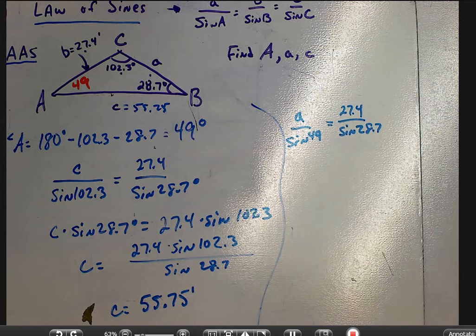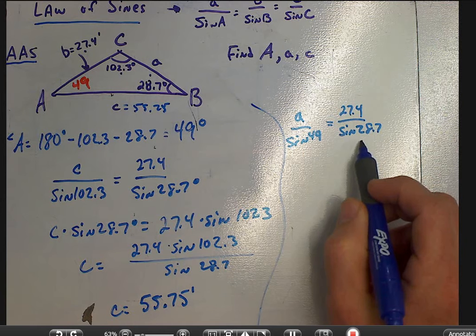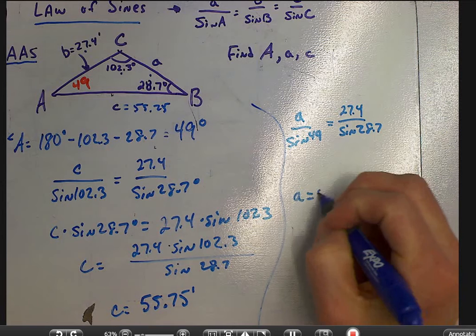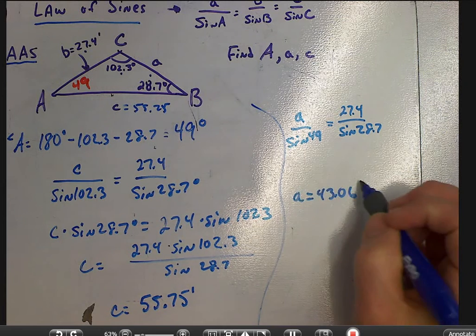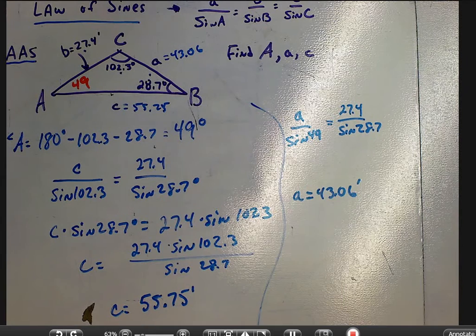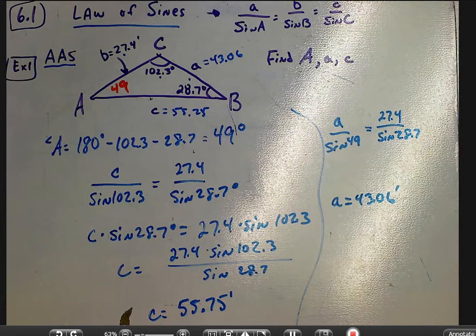So I'll take sine of 49 times 27.4, get a number, divide that by the sine of 28.7. It turns out that A is 43.06 feet. So A is 43.06. And now I've solved the triangle because I have the value of all sides and the value of all angles.